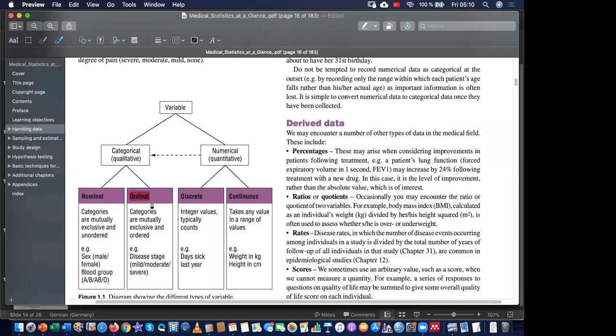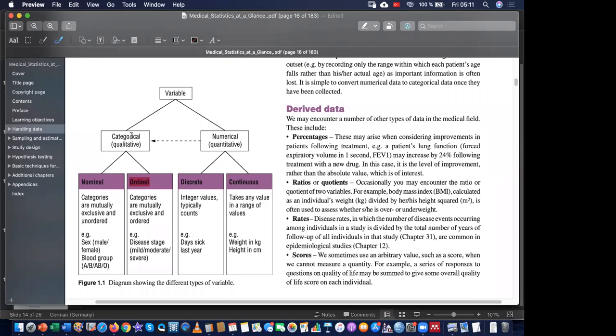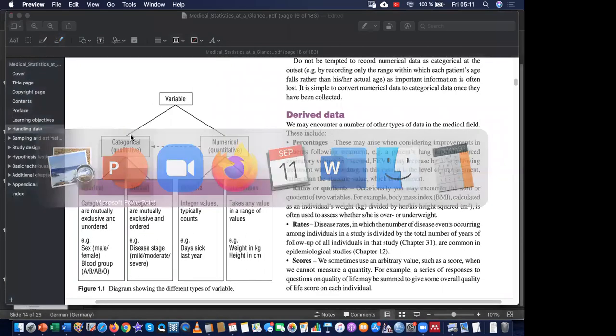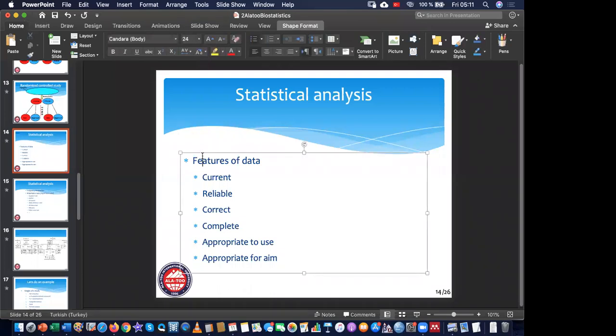Let me give you some examples, and then I would like to ask you to give more examples. Categorical means you have categories. When you have a variable with categories, we call it categorical data.